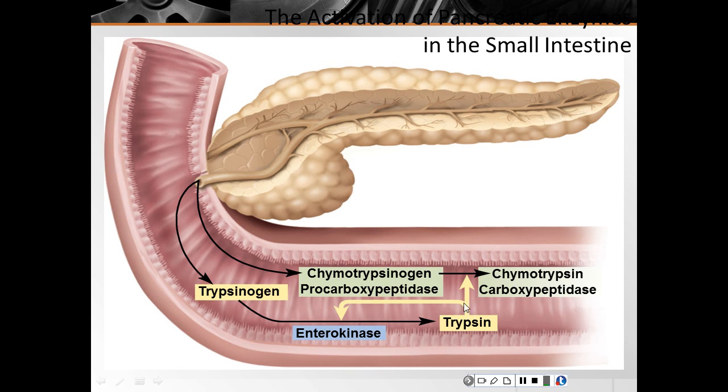The same diagram I did earlier, and of course helping this other enzyme be broken down into another product.